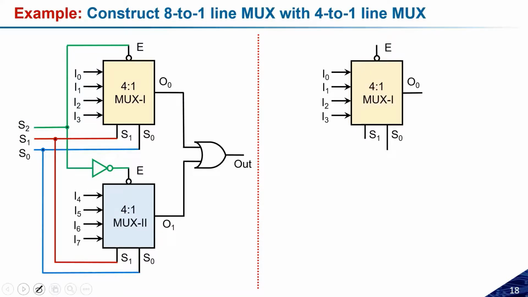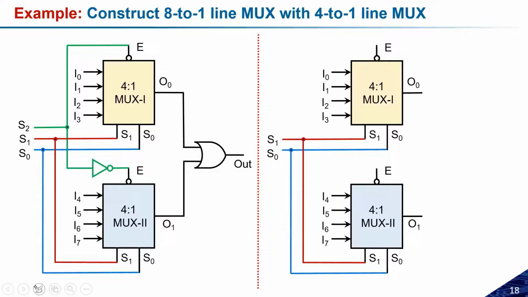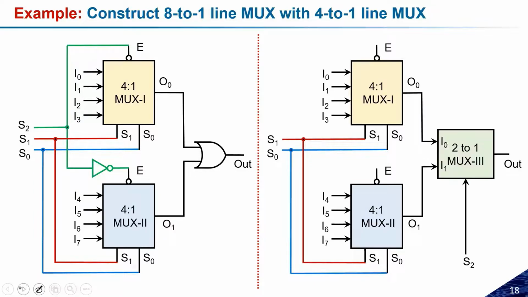So here I have one mux, a second mux here, first control signal S0, second control signal S1, and we need a 2:1 mux, and that will act as one of the control signals.